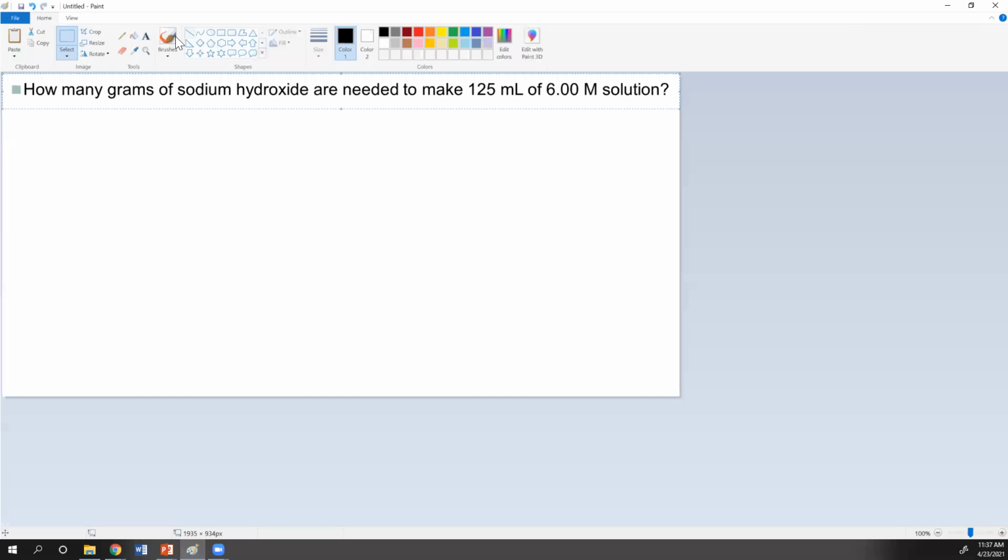All right, so am I using my first equation or my second equation? Second equation. So that is molarity equals grams over molar mass over liters. What's my molarity? 6.00. I don't know the grams. That's my question mark. Molar mass?